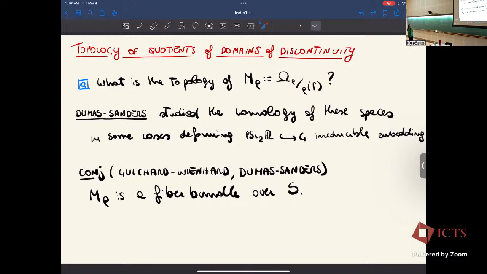Emily Dumas and Andy Sanders studied this quotient in some other cases, and they conjecture that these are always fiber bundles over the surface. And that's what we prove. What we prove in most cases.